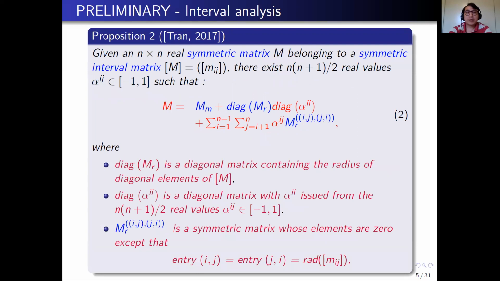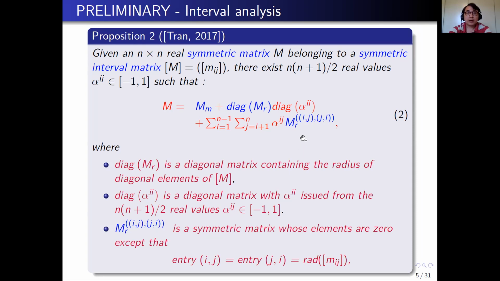If the matrix M and the interval matrix are both symmetric, Proposition 2 says that there exist n(n+1)/2 real values alpha_ij between -1 and 1, so that the matrix M can be expressed in the form of equation 2, in which diag(M_R) is a diagonal matrix containing the radii of the diagonal elements of bracket of M. And diag(alpha_ii) is a diagonal matrix with alpha_ii issued from the n(n+1)/2 real values alpha_ij aforementioned.